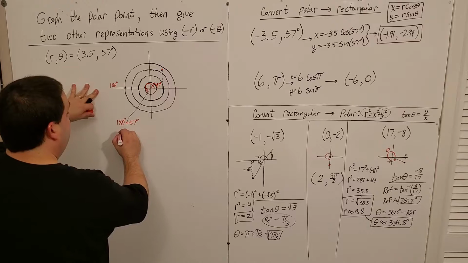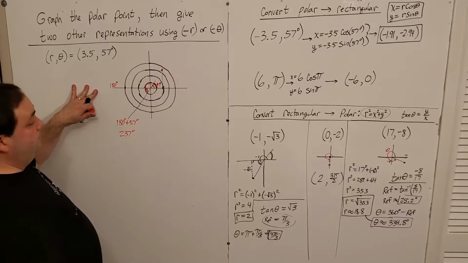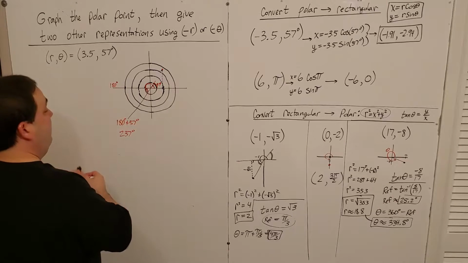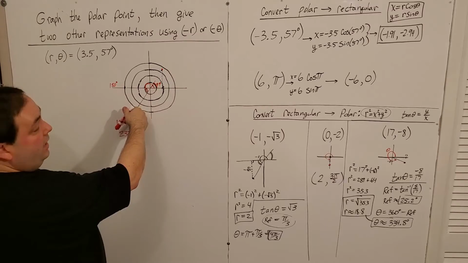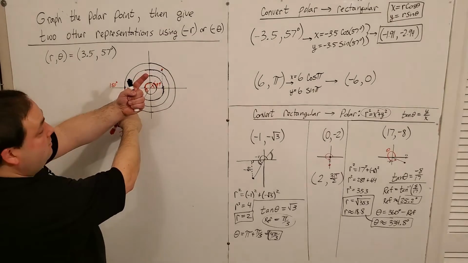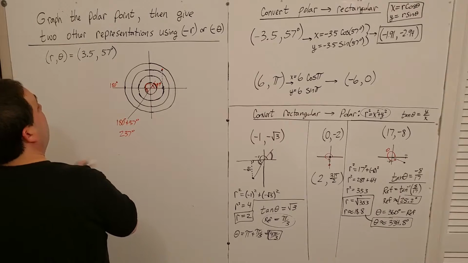So I've got 237 degrees for that line. Okay, if I rotate to 237 degrees, it's pointing this way. I would have to go opposite in order to get to the same location. So that requires a negative r.